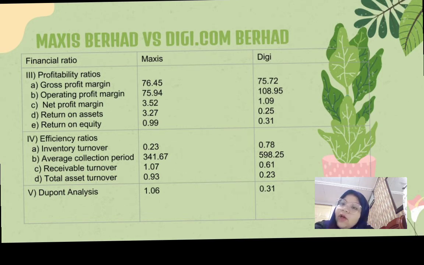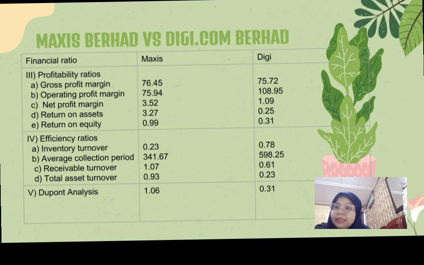Total asset turnover for Maxis gets a value of 0.93, while DiGi gets a value of 0.23. This indicates Maxis gets a high ratio of total sales or revenue to average assets. These metrics help investors understand how efficiently companies use their assets.